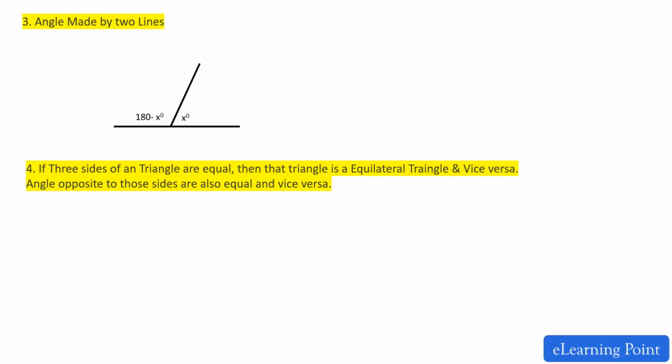The fourth test is for the equilateral triangle. If three sides of a triangle are equal, then the triangle is an equilateral triangle and vice versa. Angles opposite to those sides are also equal and vice versa.